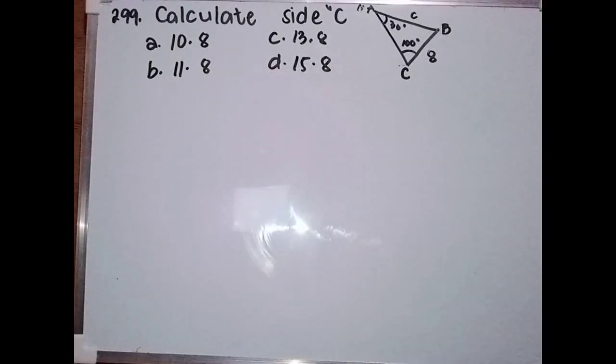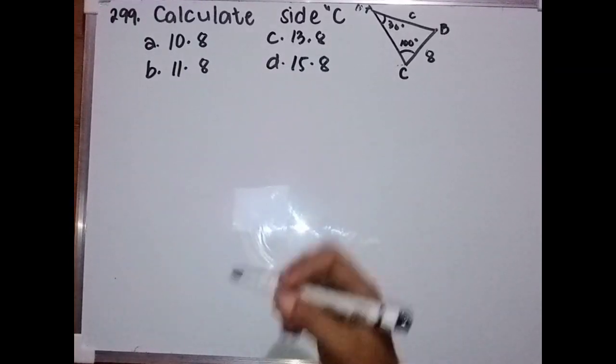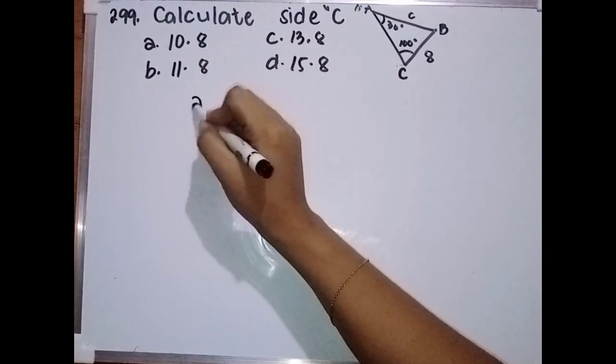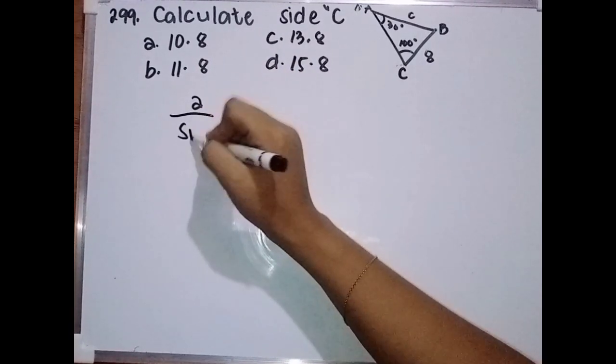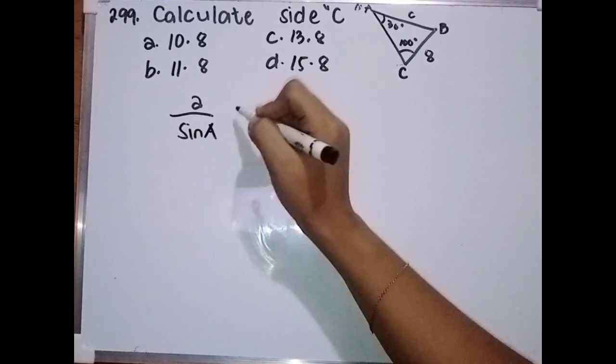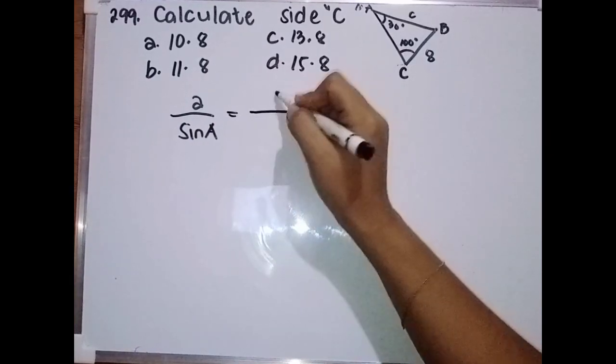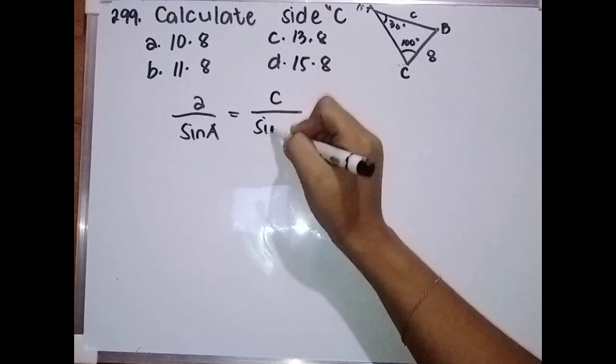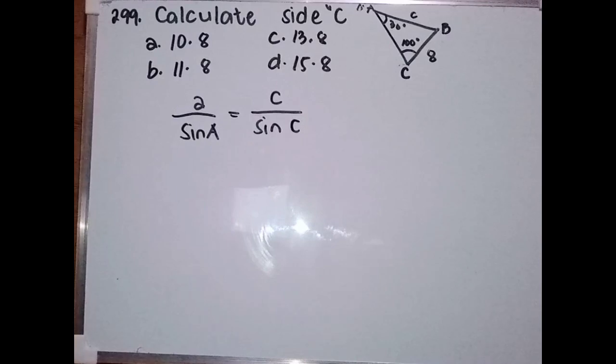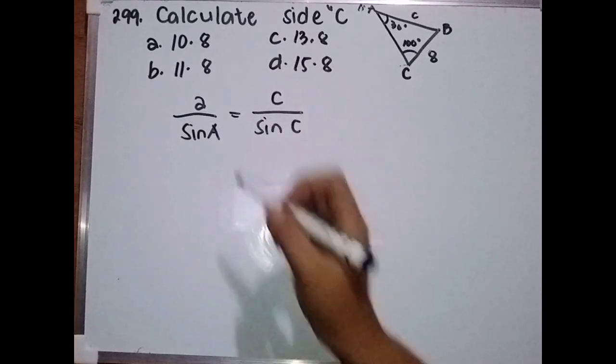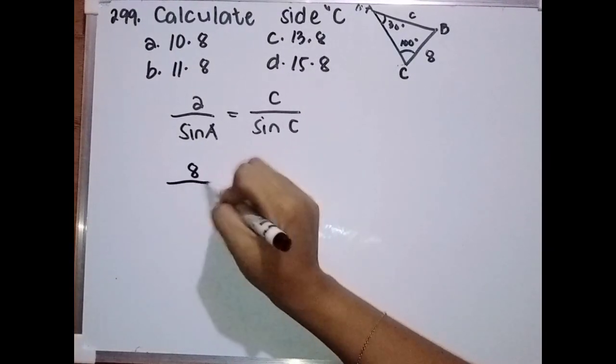So let's proceed to 299, wherein we are asked to calculate side C given two angles and one side. We're going to use the sine law, where A over sine A is equal to C over sine C. So our side A is equal to 8.